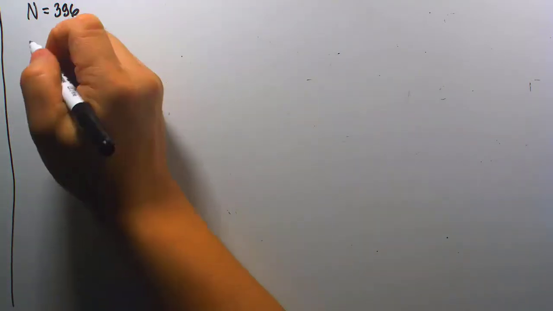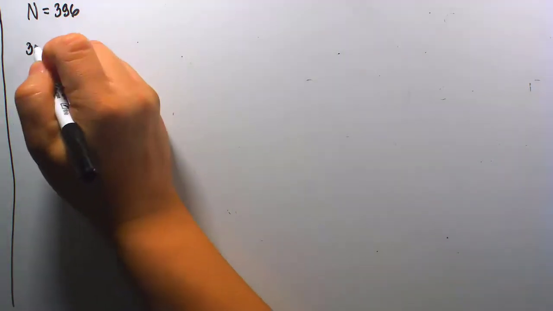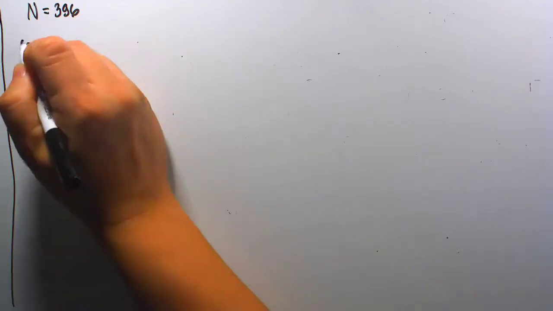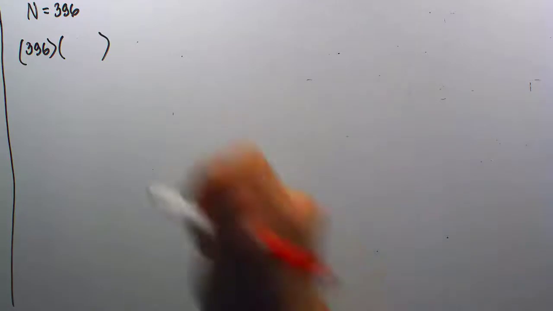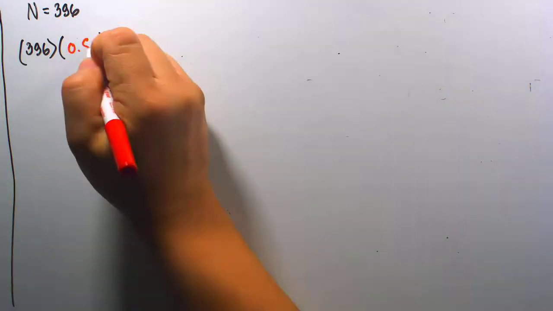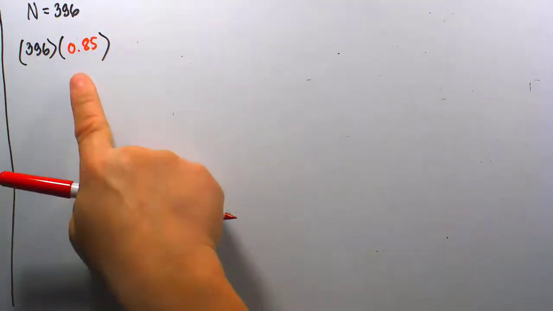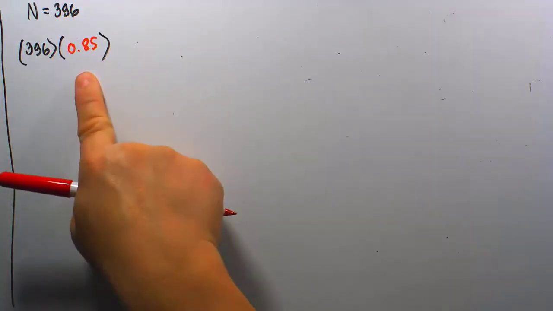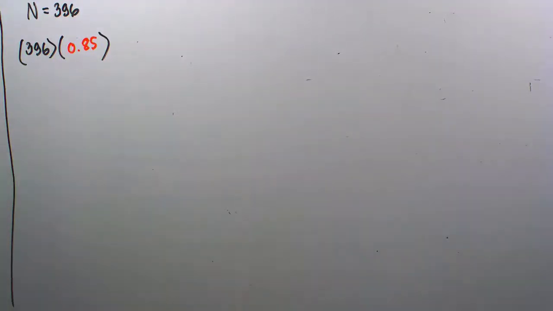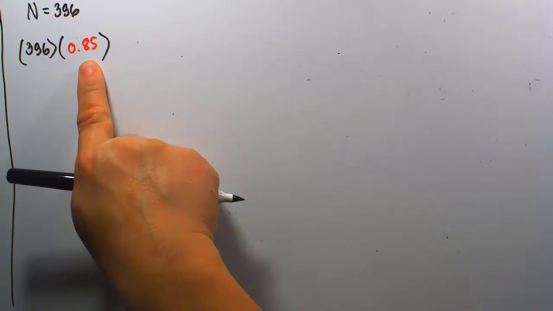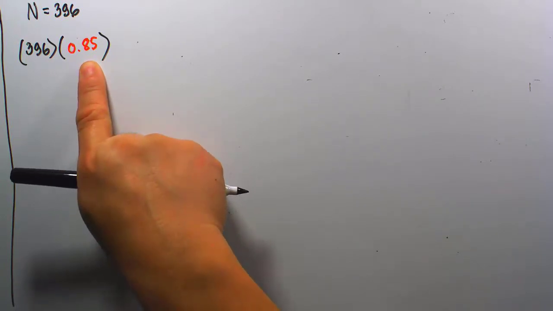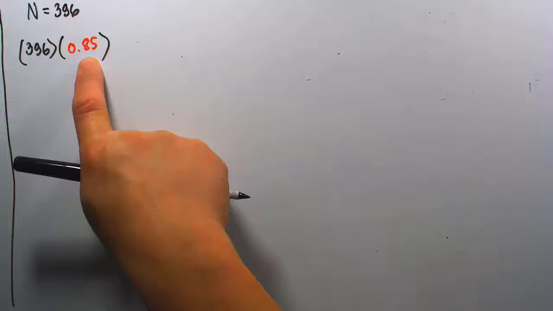And so in that way, with this sample size, 396, I am going to multiply that with 0.85. So very similar to the explanation I had after example 1 right here. This 0.85 is the value that is supposedly the population proportion that we're currently accepting.